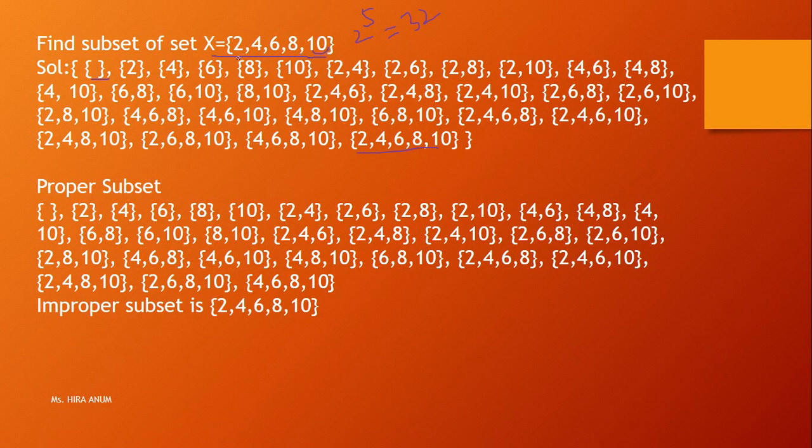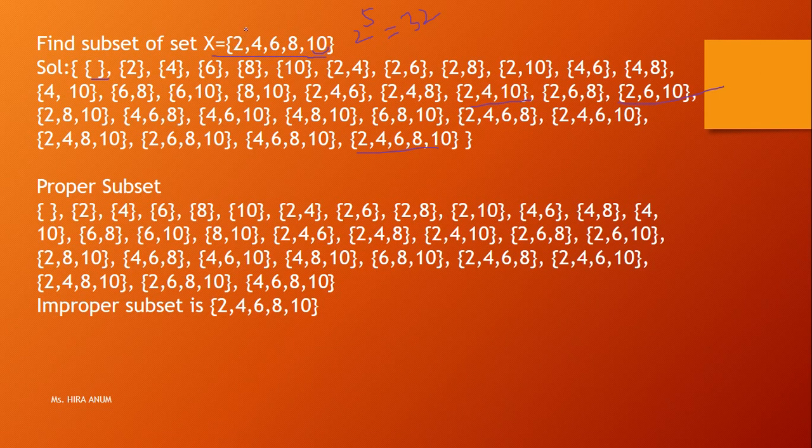Then you write 3 elements. First 2, 4, 6. Then you write 2, 4, 8. Then you write 2, 4, 10. Then you write 2, 6, 8, 2, 6, 10, like this. Then you can write 2, 8, 10.